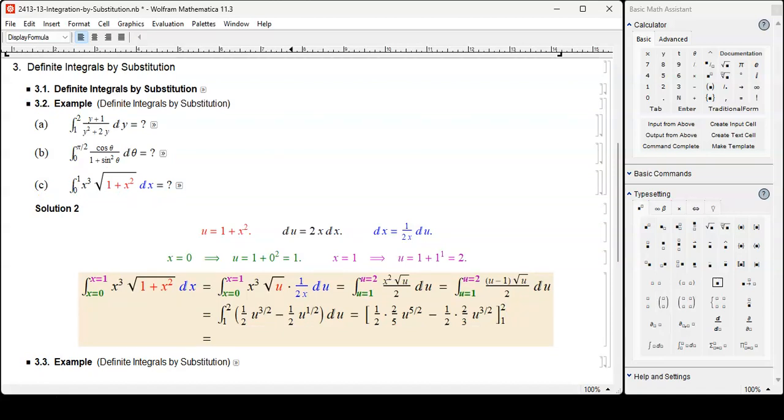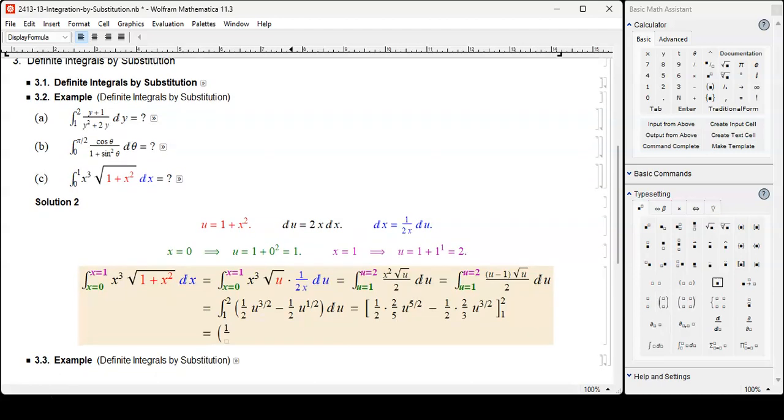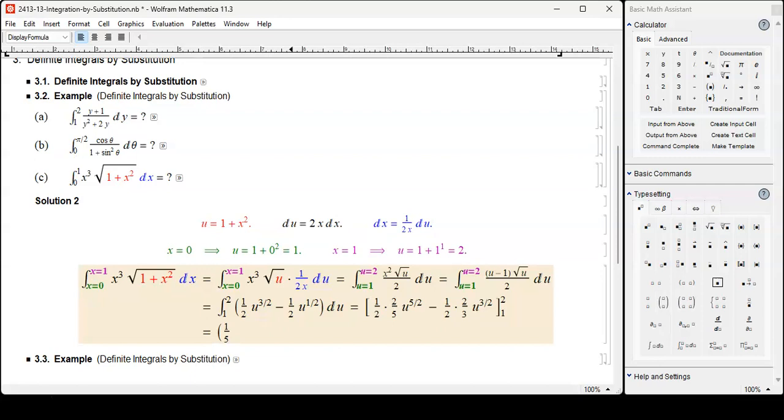Is everything okay so far? Plug in u equals 2, then I'm gonna get, let's see, 1/2, 2/5 cancel out, 1/5, and then 2 to the 5/2 power, and then 1/3, 2 to the 3/2 power, and then plug in 1, 1/5, 1 to the 3/2 power, 1/3, 1 to the 1/2 power.